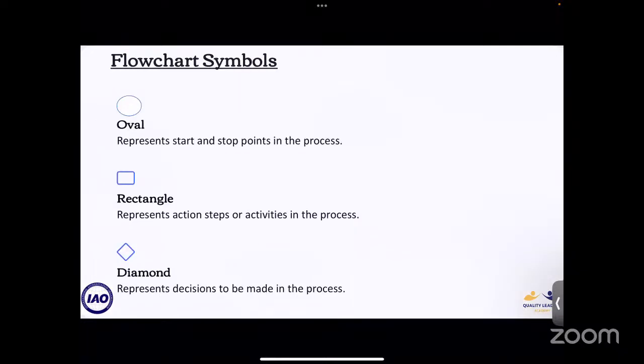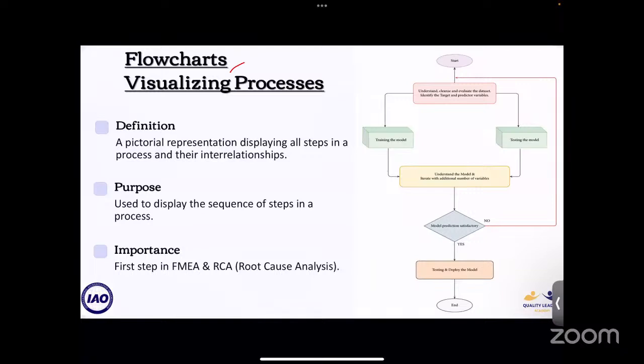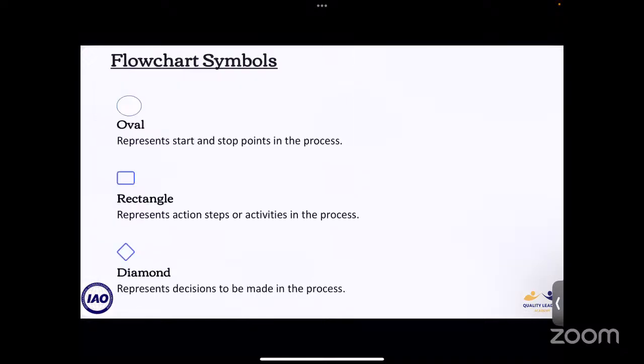So I will start and I will write inside the oval. The rest of the steps are in rectangular shape, like a rectangle. If a step contains a decision, we take yes or no. And it will be in what shape? So this is in diamond shape. Okay. So we took them before. So here is the oval, the rectangle, and the diamond shape.